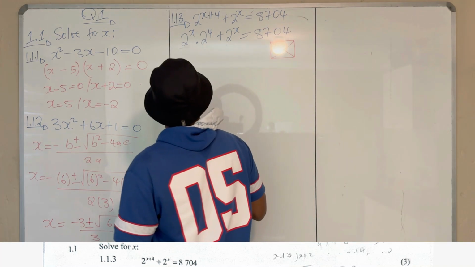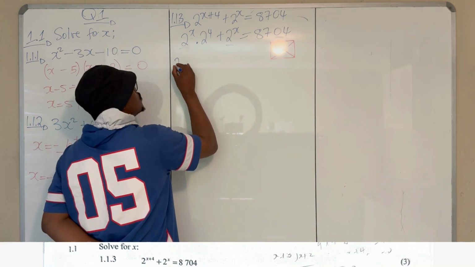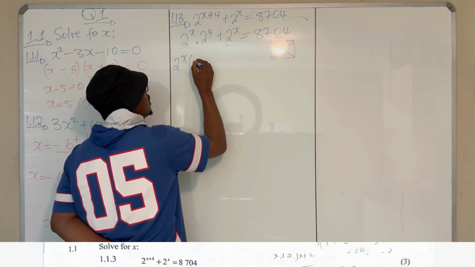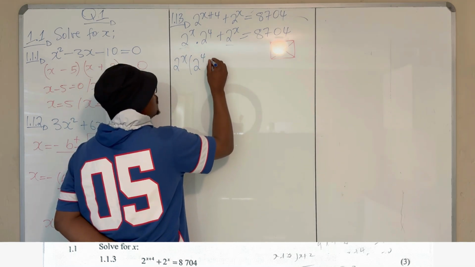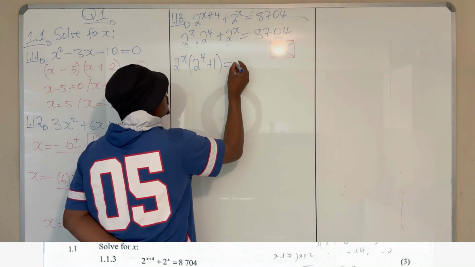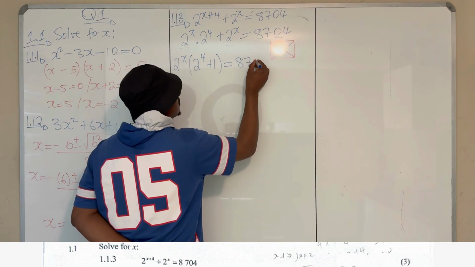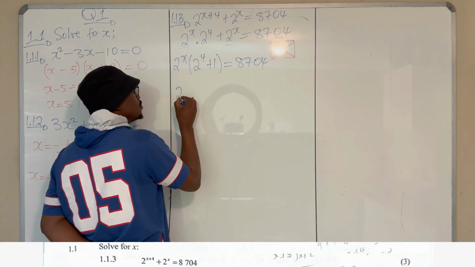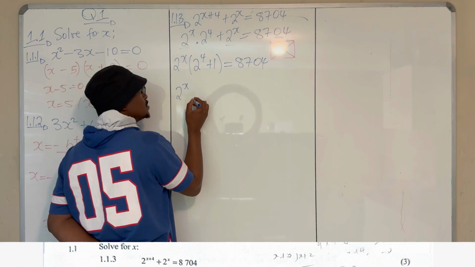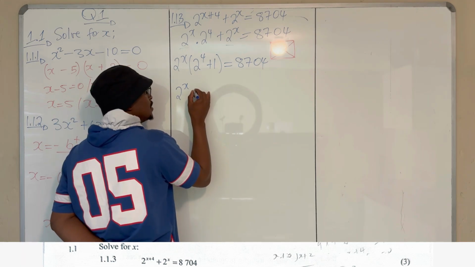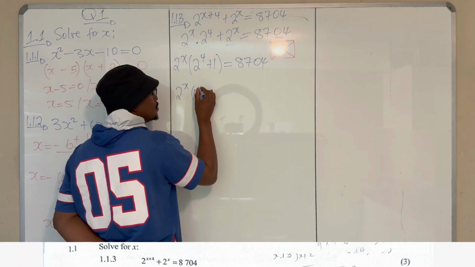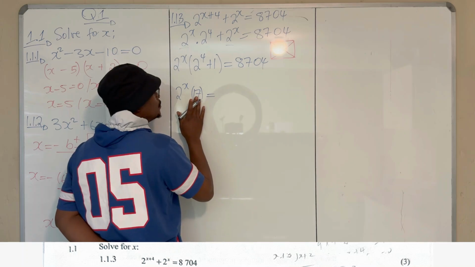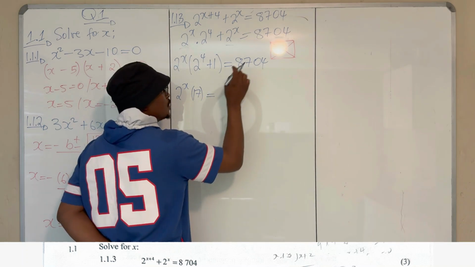So what do we have? We have 2 raised x into 2 raised 4 plus 1 equals 8704. So you have 2 raised x, right, times 17 is equal to 8704.